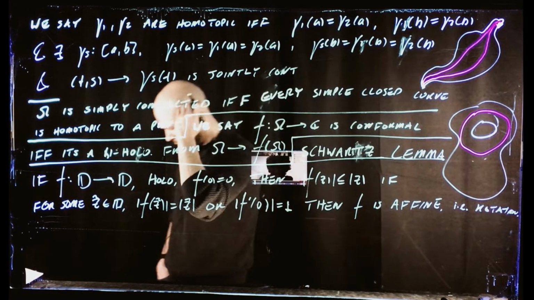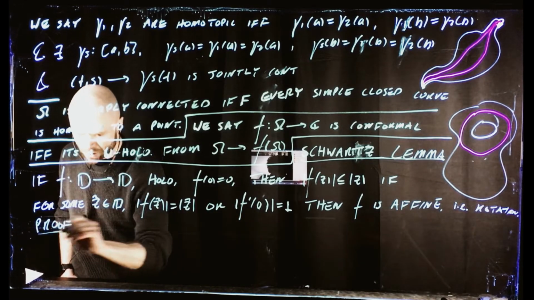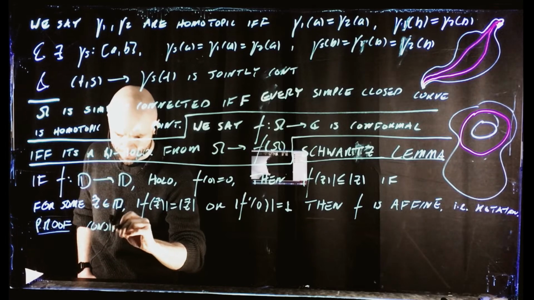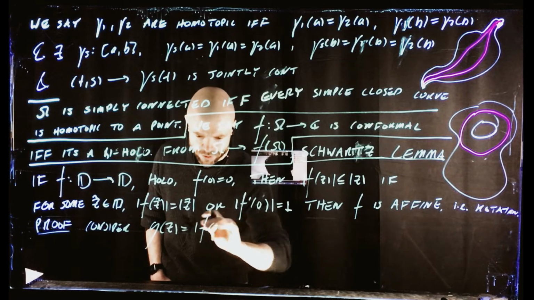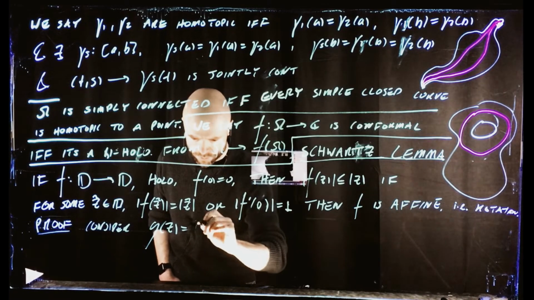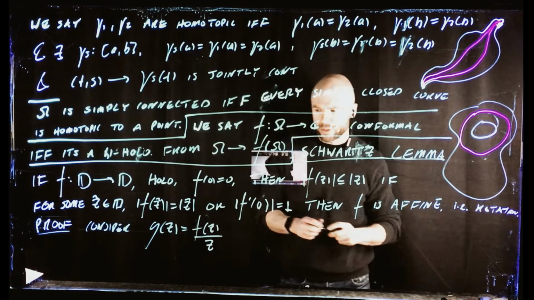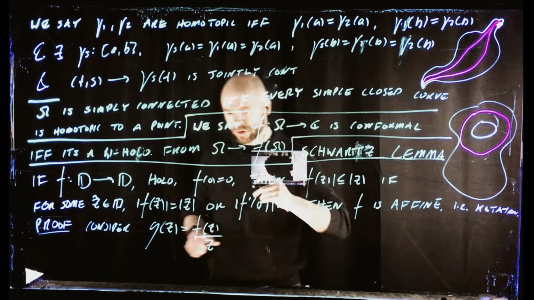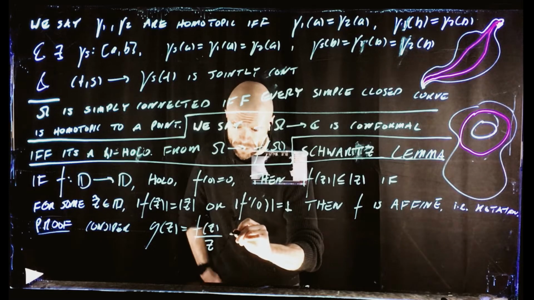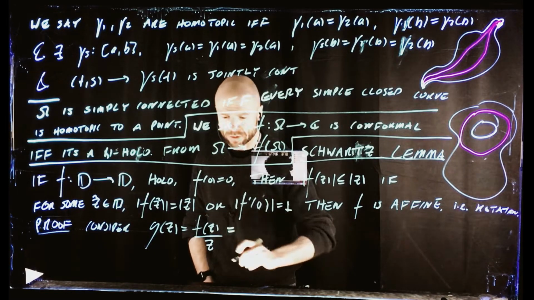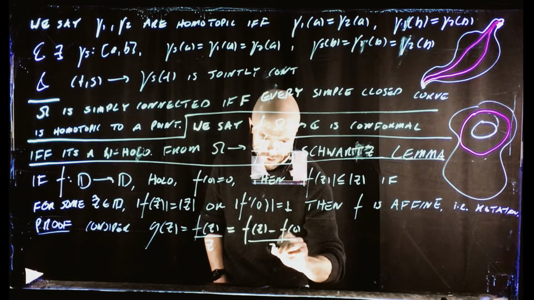Okay, so why is that the case? Just by looking at the following thing, so just briefly, consider the function g of z equals f of z over z. So this thing for sure is perfectly nice and holomorphic, except potentially at 0. But since we have f of 0 equals 0, this is the same as f of z minus f of 0 over z.